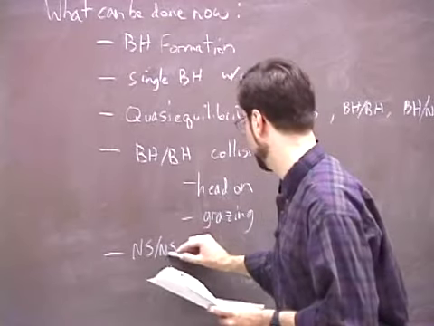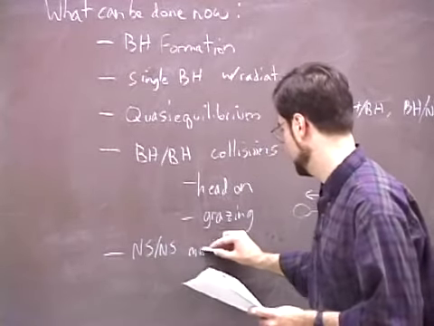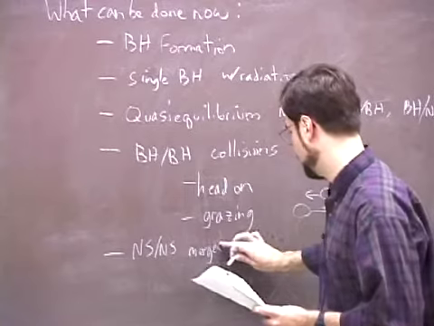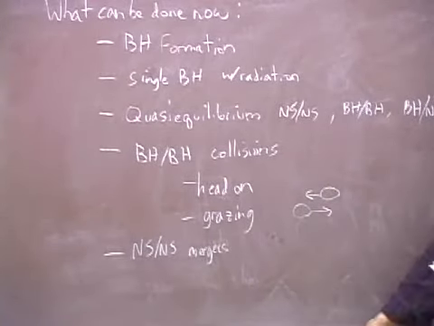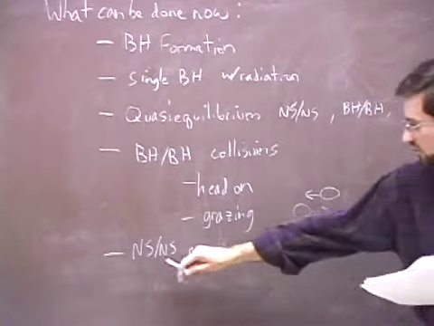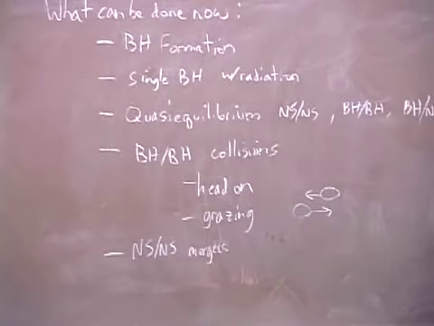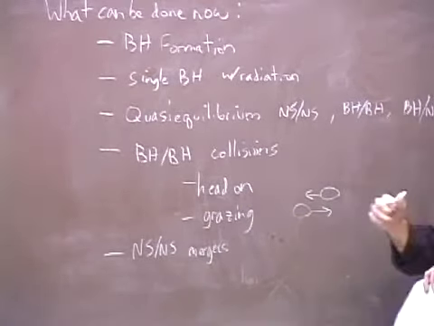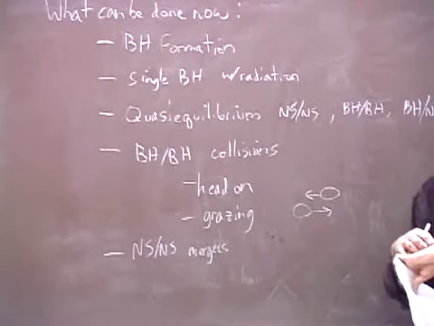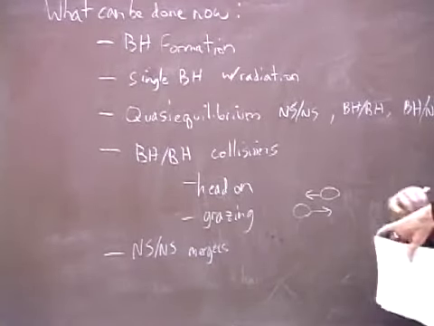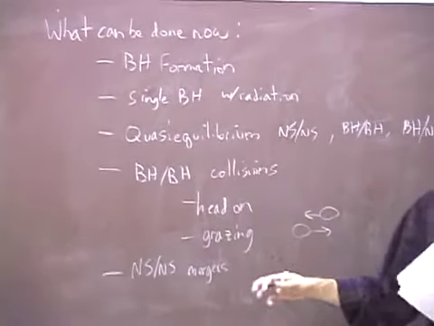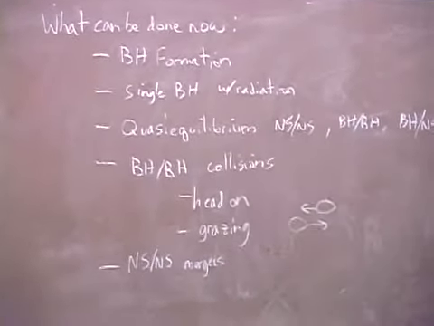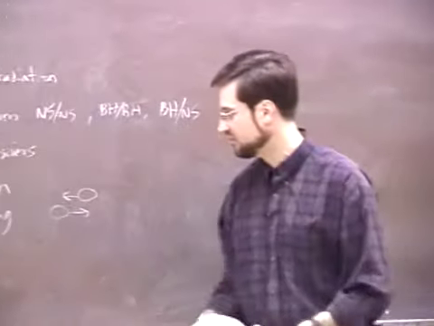Same with neutron-neutron star mergers. In fact, there was just a paper that came out on the web, I think it was today, by Shibata, where they do a very nice simulation of neutron star merger, and you can see black holes forming in some cases, or you can see the normal modes of the neutron star ringing down in other cases. So they can get both black hole and neutron star final states from this.